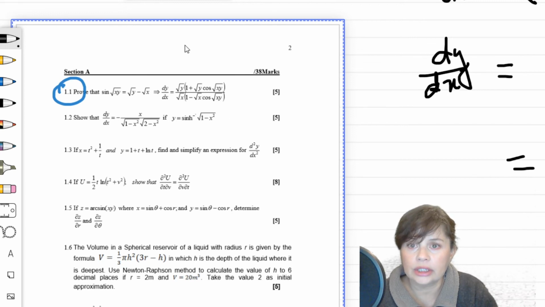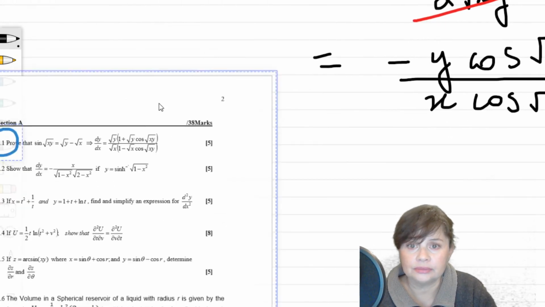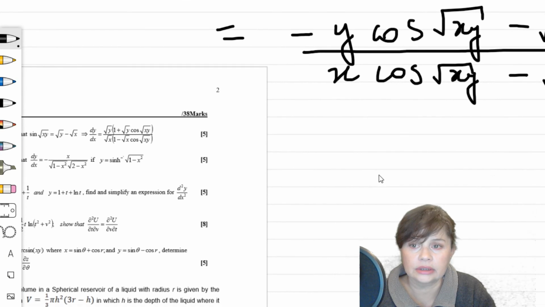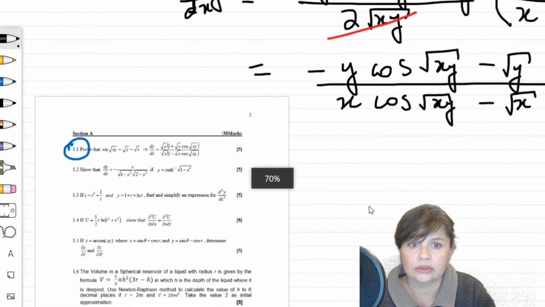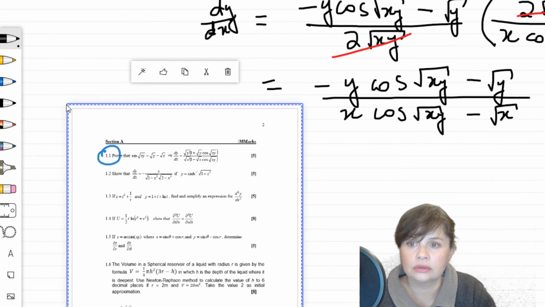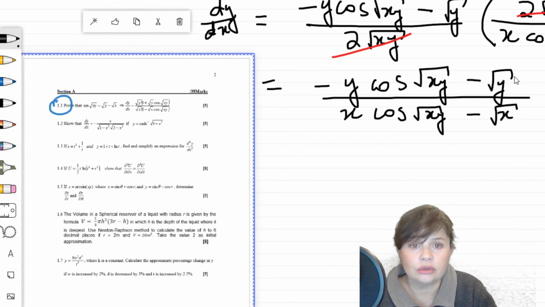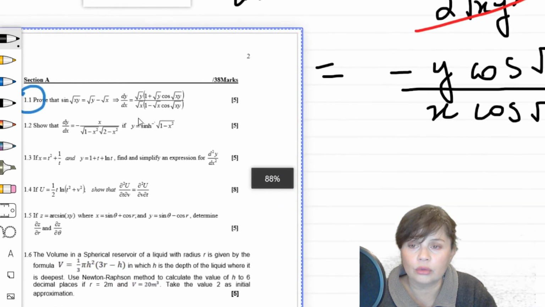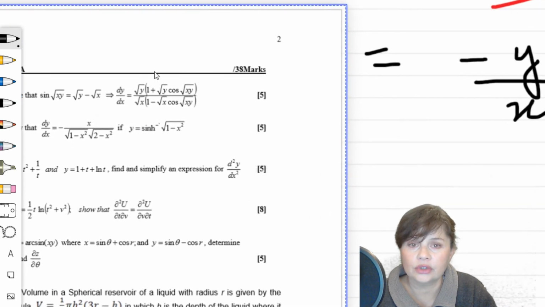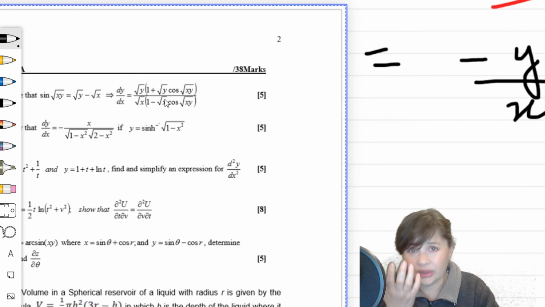So really what we need to do is take our answer, and show that you can rewrite this into the form on the paper, right? So you need to rewrite your answer into this over here, okay?